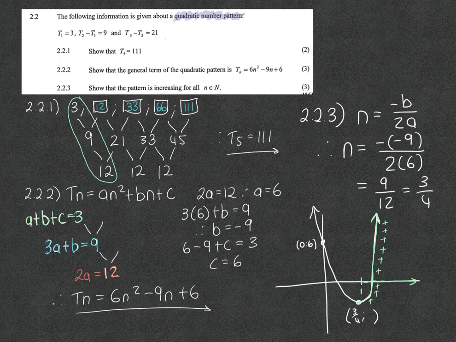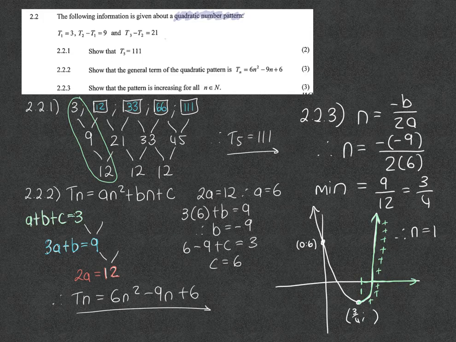We need to state that n is equal to 3/4. That is when it's going to start to increase. So therefore, n equals 1, right? Because with 3/4, you can't have a fraction or a decimal position. It's either first, second, third, or fourth. So your final answer would be you've got a minimum happening at 3/4, and then after that, therefore, t of n.